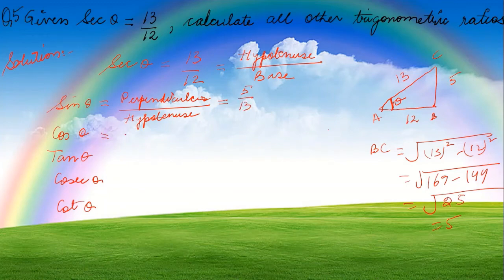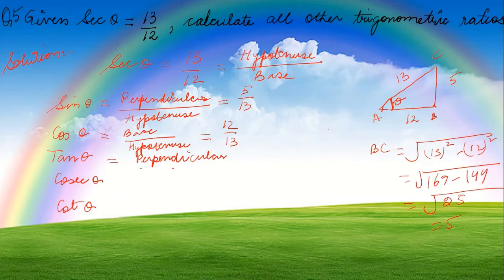For cos theta, it is base upon hypotenuse. So base is 12, 12 upon 13. For tan theta, it is perpendicular upon base. So for this, perpendicular is 5 and base is 12.